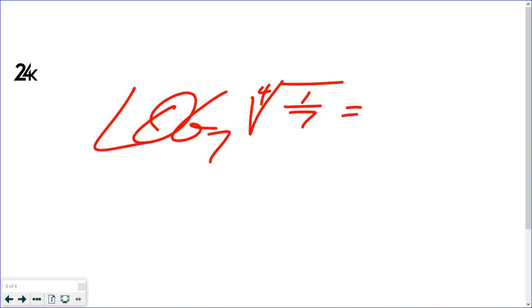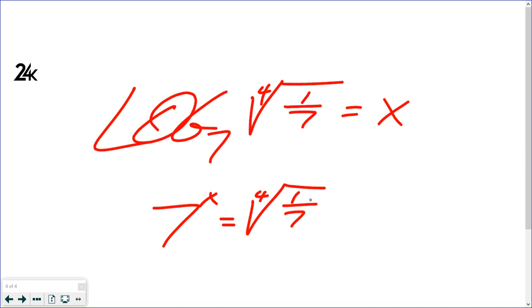Let's try one like log base 7 of the 4th root of 1/7. And you're like, what? And I'm like, no, what does it equal? So 7 to what power equals the fourth root of 1/7? That's the question.